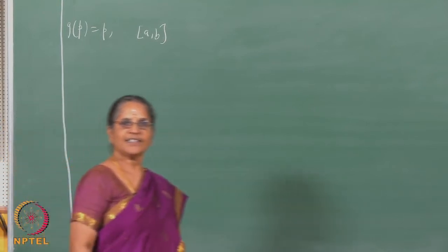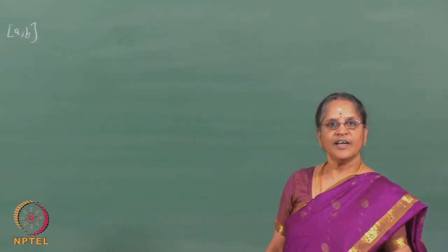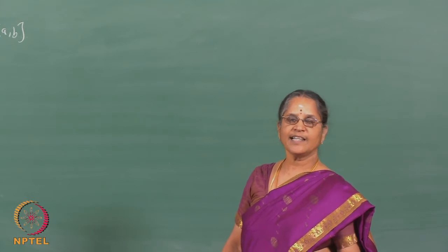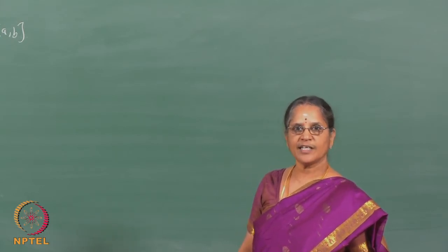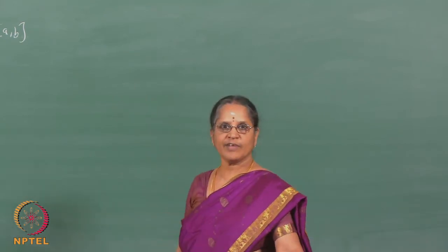Then we presented the sufficient conditions for existence and uniqueness of a fixed point in an interval a b for this function g, and said that g must be a continuous function in the interval a b and g takes values in that interval a b.